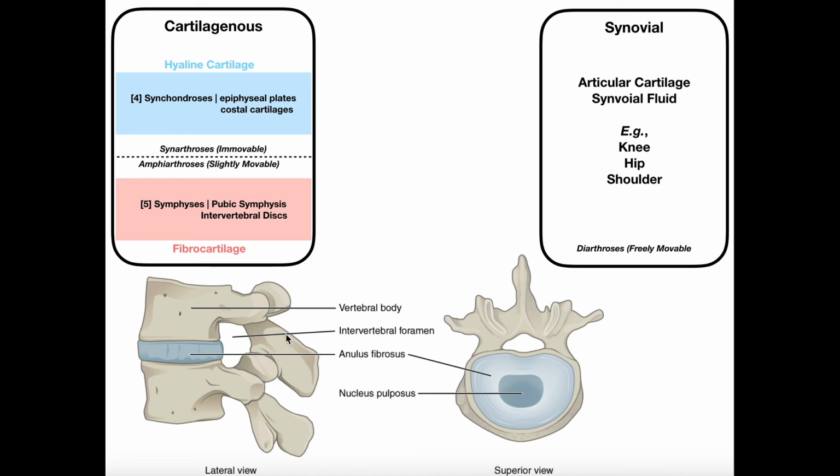So that facet joint between the articular processes of the vertebra is a synovial joint. But that one is a diarthrosis, which is why we see so much movement when we do those motions, okay? But just understand that the intervertebral disc is an amphiarthrosis, okay?